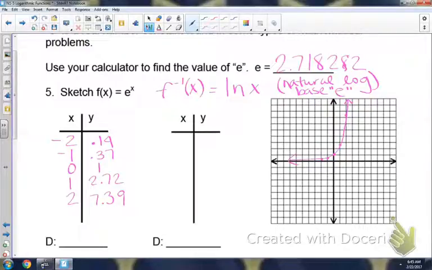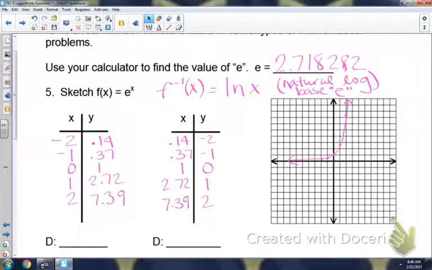All we have to do here, we could type it in, because we can type in natural log on the calculator, but we could just also flip the points. So 0.14, -2 becomes -2, 0.14 flipped, 0.37, -1, 1, 0, 2.72, 1, and 7.39, 2. Alright, we're going to draw our y equals x line.